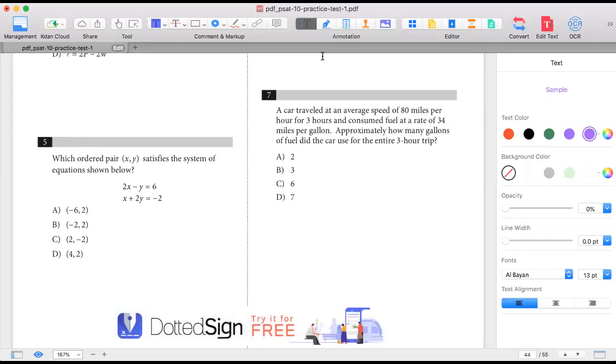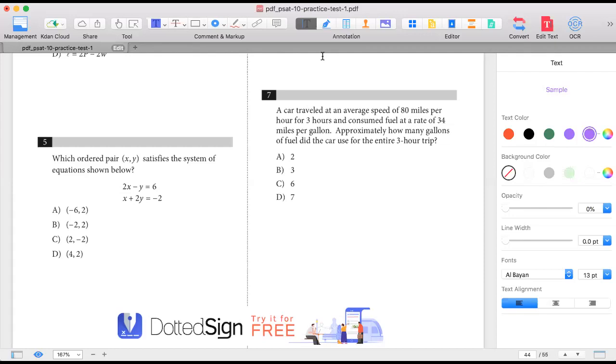Again, I'm going to read the question. A car traveled at an average speed of 80 miles per hour for 3 hours, and consumed fuel at a rate of 34 miles per gallon.